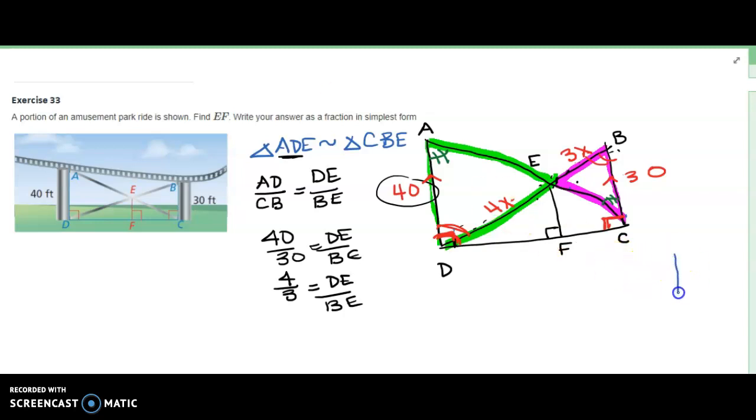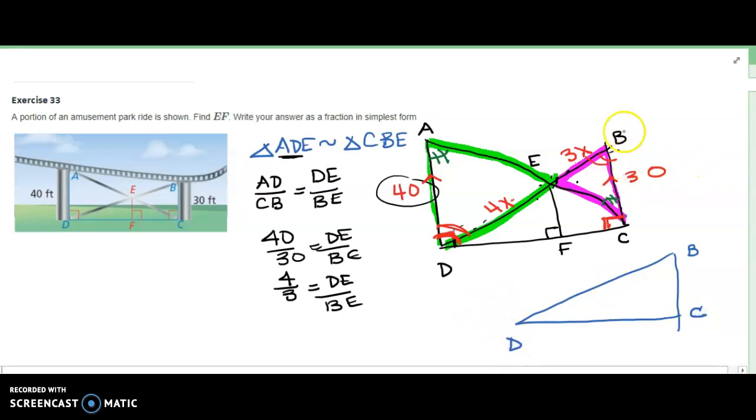I'm going to look at B, C, D, that triangle. So here, here, and here. And then I'm also going to look at this little triangle within it. Okay, so I'm also going to draw this EF.